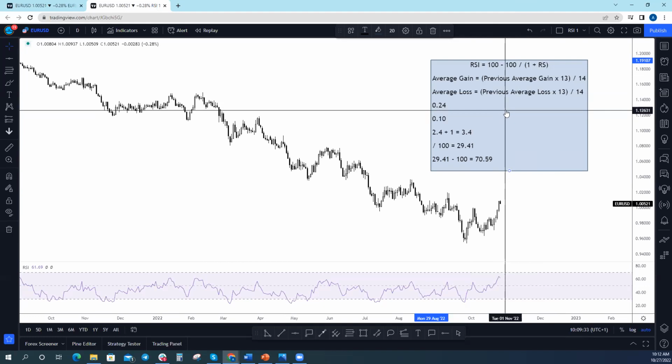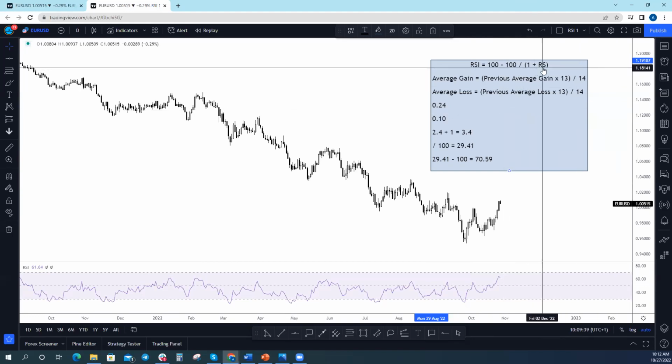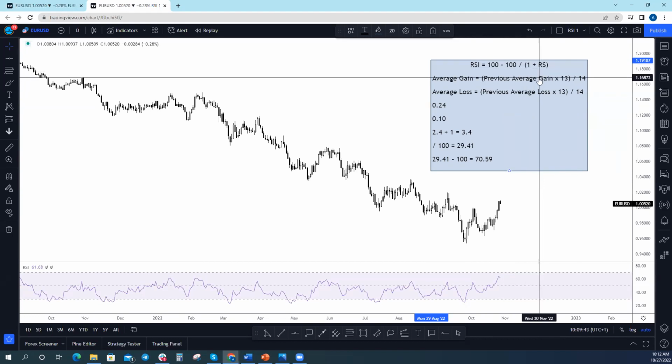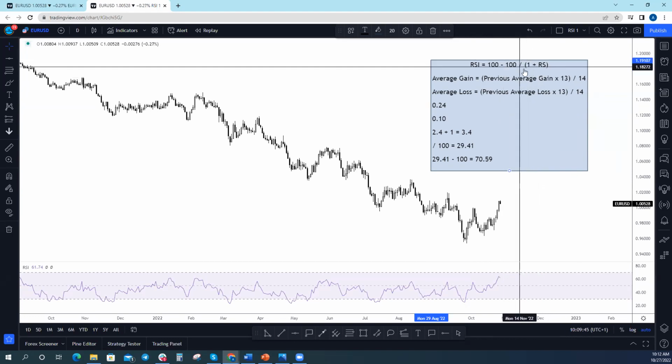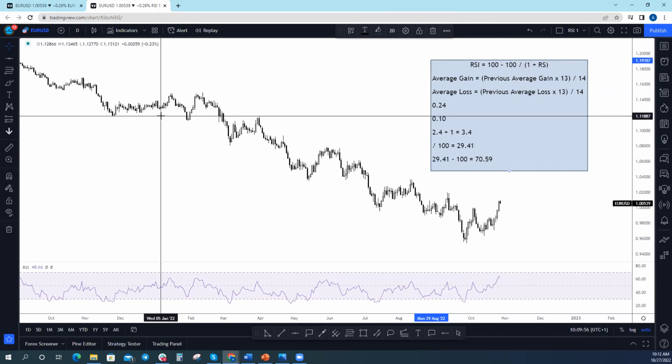The trader can then divide the average gain by the average loss values to produce the relative strength, which, according to the formula, is increased by 1, as you can see here, that's bracketed off. RS increased by 1, and following this, we divide it by 100 and then minus 100 to give us our RSI signal.